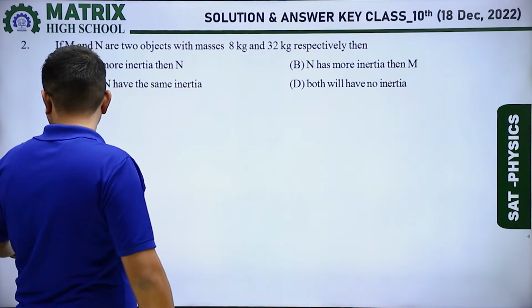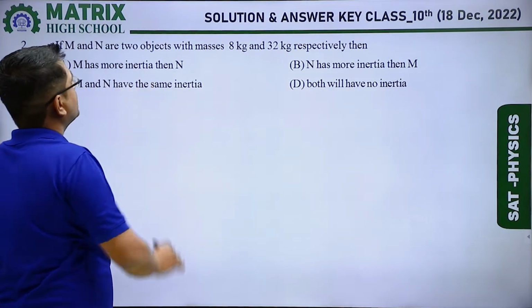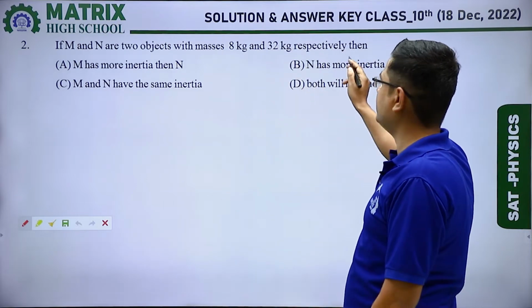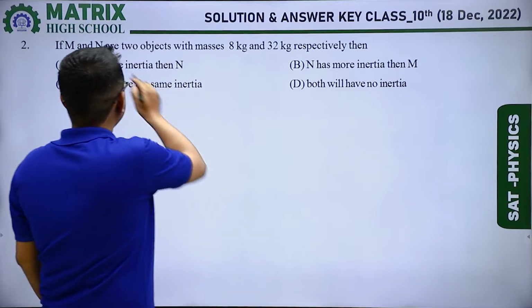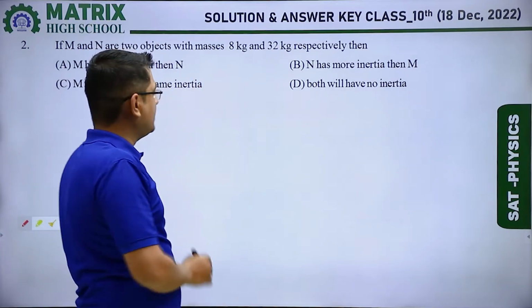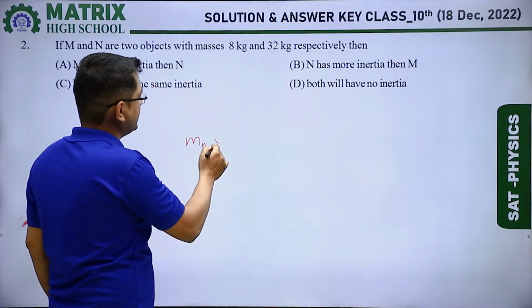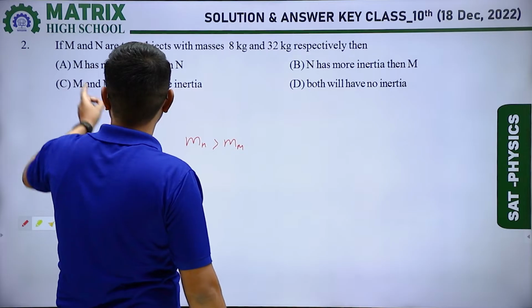Next question is, if M and N are two objects with masses 8 kg and 32 kg respectively, then the mass of M is 8 kg and the mass of N is 32 kg. That means the mass of N is greater than the mass of M. So we'll check which option is correct.